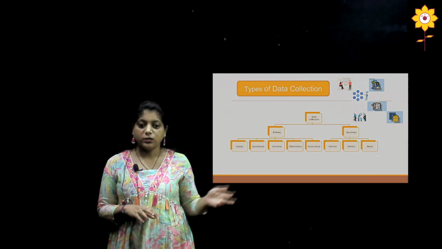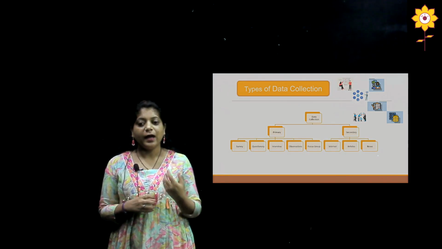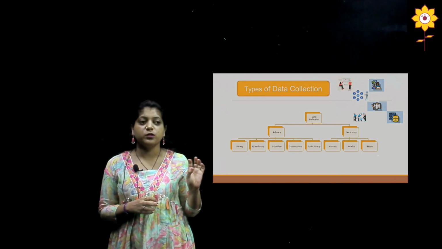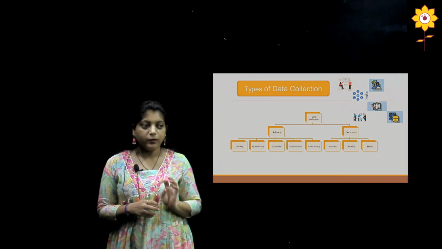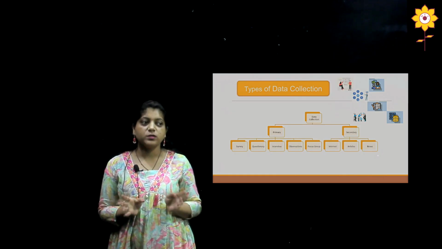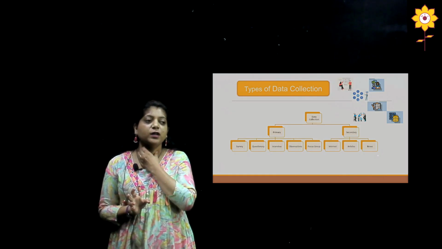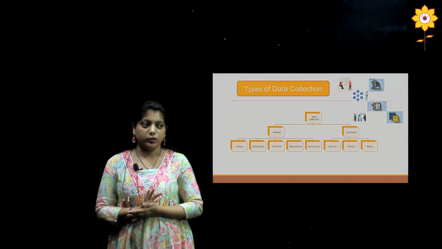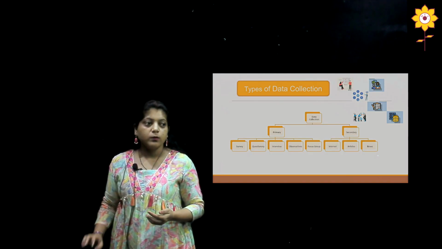You cannot make changes, or even go and ask the targeted resource persons to make changes in that collected data. So these are the various tools for data collection that we use for research methodology.